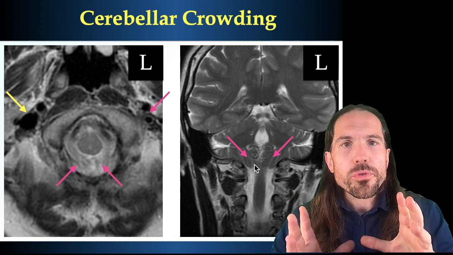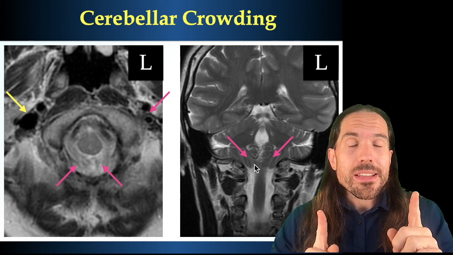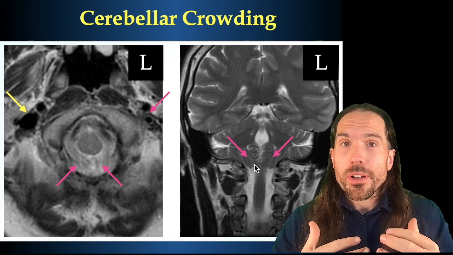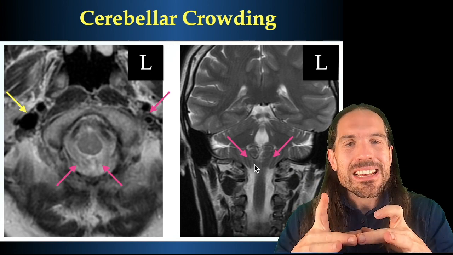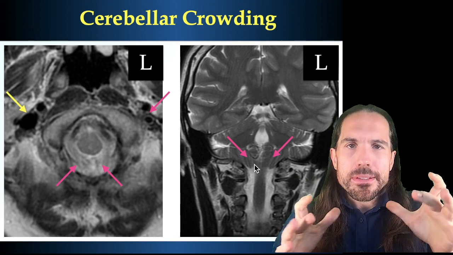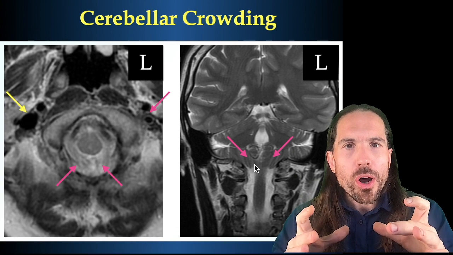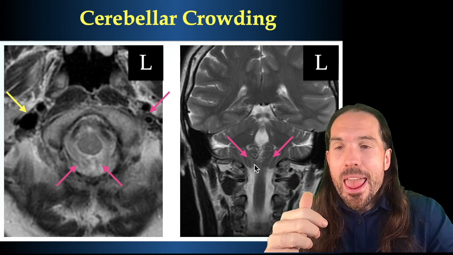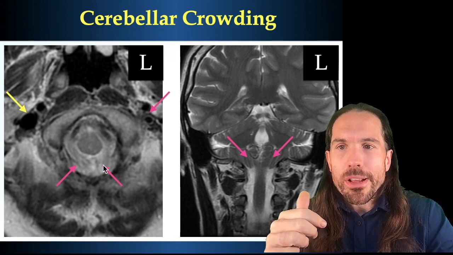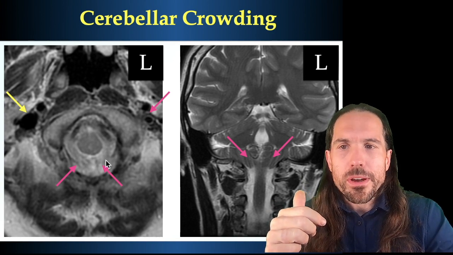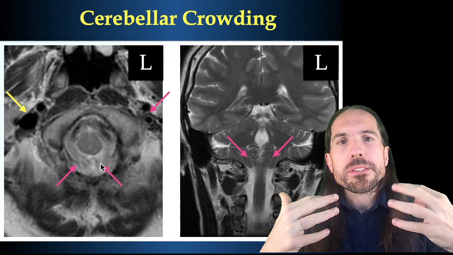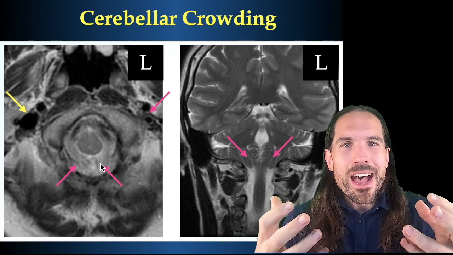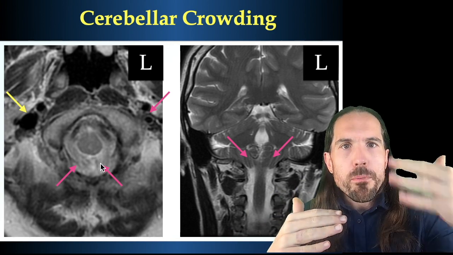Whatever size shoe you wear, could you fit into a half size smaller? The truth is, yes, you could, but it would feel tight. That's what happens when we've got this cerebellar crowding phenomenon going on. It starts to create pressure issues in that area, and it can be a choke point so that the cerebrospinal fluid, that bright white stuff supplying energy, oxygen, nutrients, and ions for the brain, is not able to flow properly.